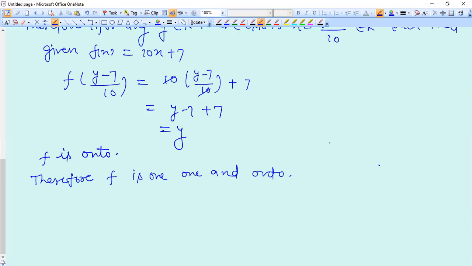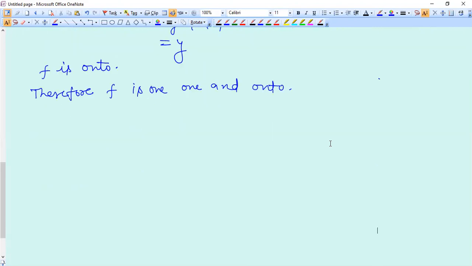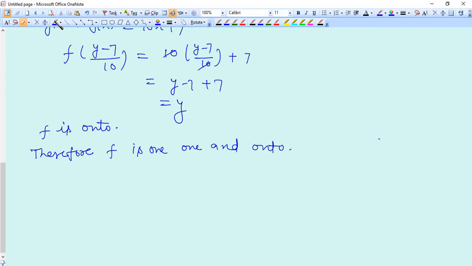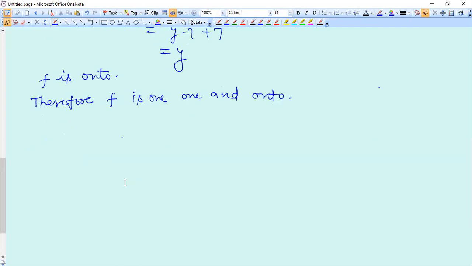Next step, let us define g. Let us define some other function g or mapping.